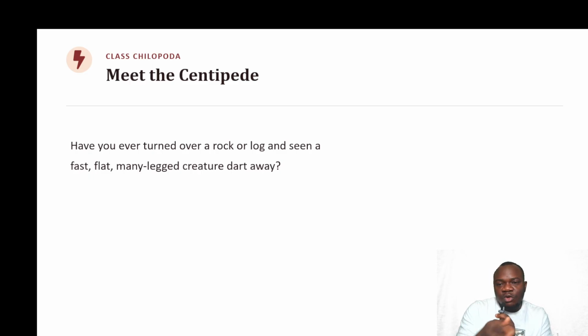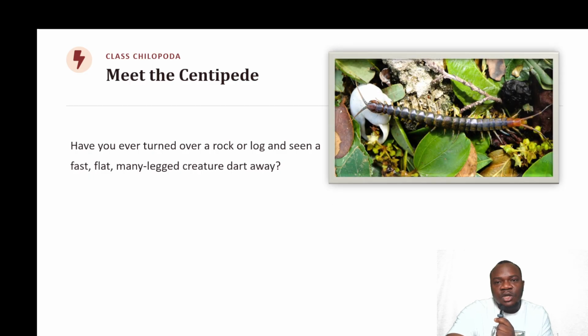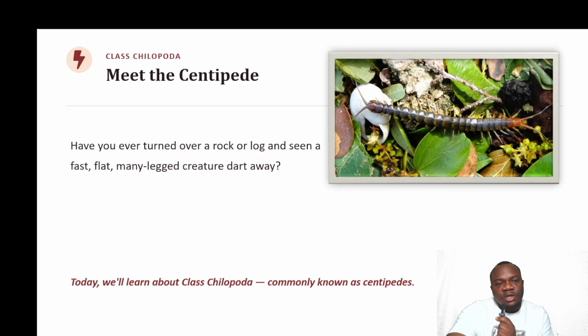When they're moving around, they move like a worm, but most especially like a snake. They have this flat structure. So this is your centipede. Okay, so we're going to learn about this Class Chilopoda, mostly about the centipedes.